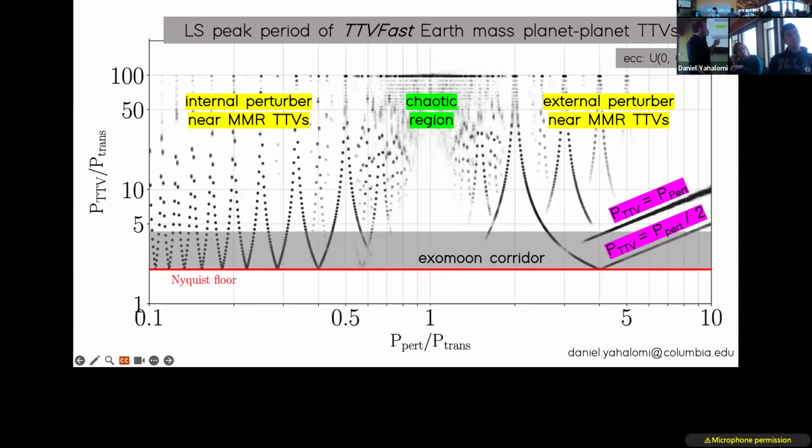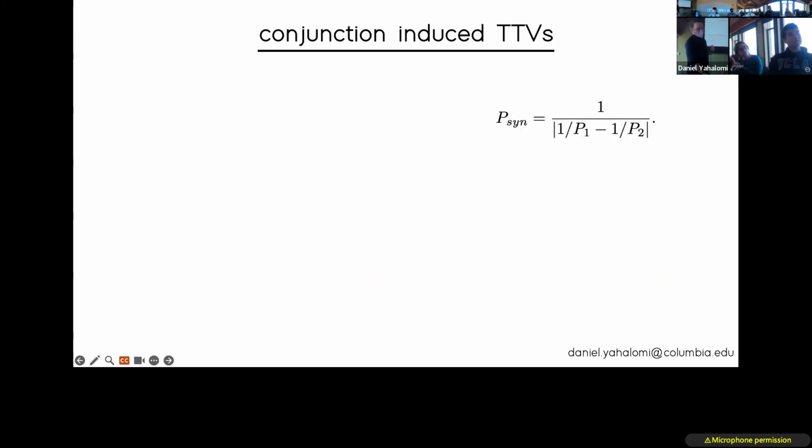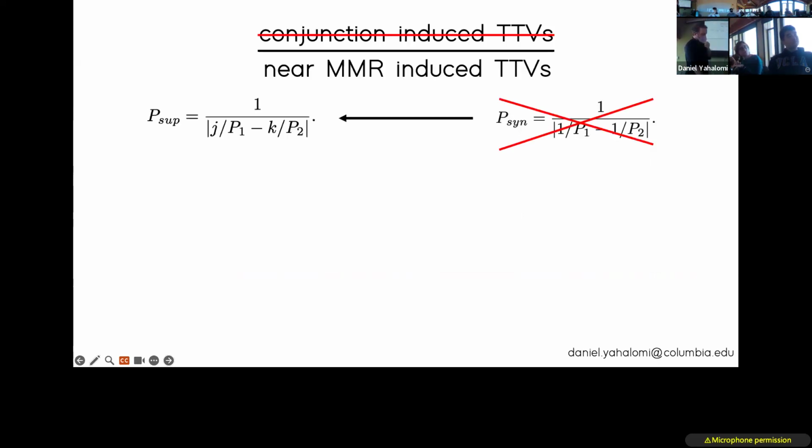But then what's happening with this second edge? What's causing this? To understand that, we can go from our conjunction-induced characteristic TTV period and instead look at our super period. If you take our super period equation and divide through by J and K, you get this form of the equation.